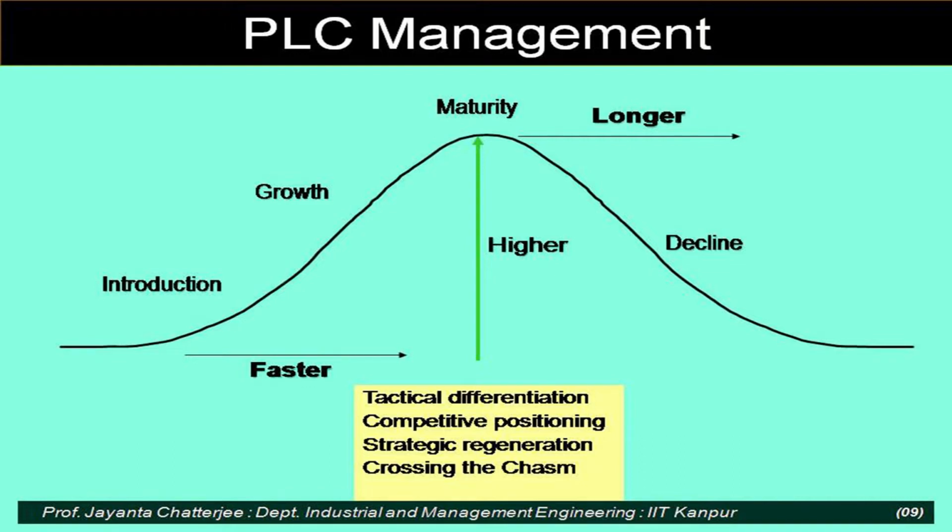So, in the maturity stage, competitive positioning is less important as opposed to strategic regeneration. That means creating new market possibilities. Whereas in the early stage, the tactical differentiation, the product feature based differentiation becomes very important.